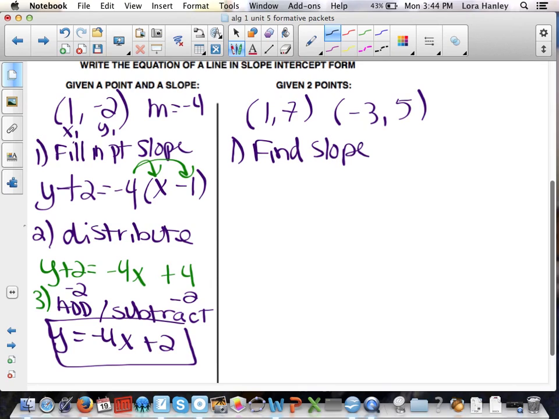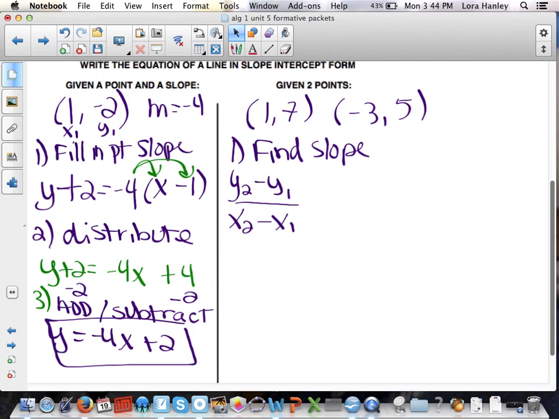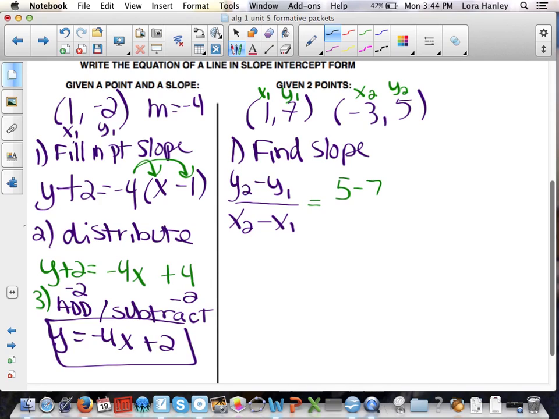And if you remember from the last unit, slope is y2 minus y1 divided by x2 minus x1. We want to label our points x1, y1, x2, y2, and then substitute those into my formula. So here we're going to get 5 minus 7 divided by -3 minus 1.